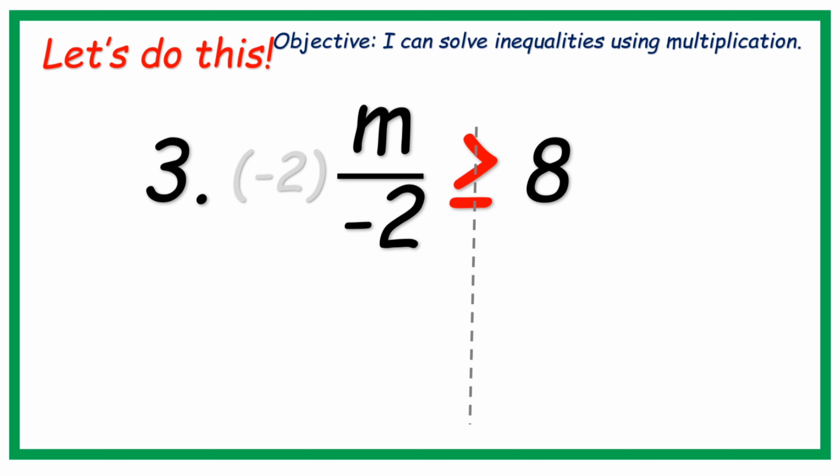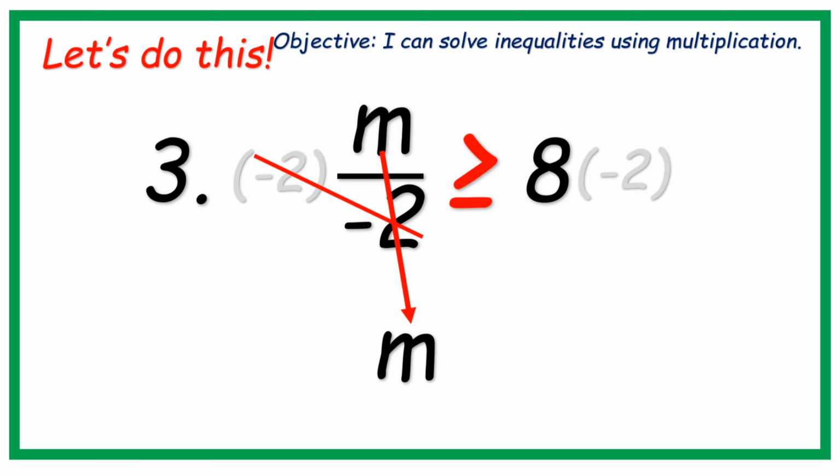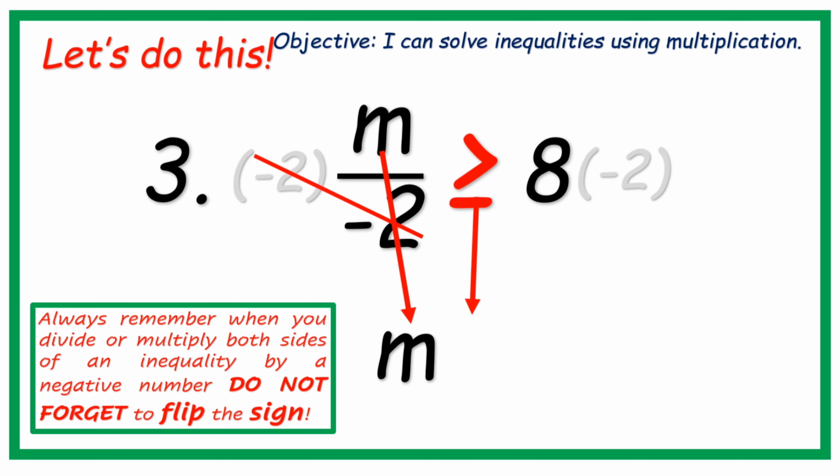The inequality sign separates the left side and the right side. So we're going to multiply -2 by 8. That will cancel -2, leaving our variable m isolated, all by itself.